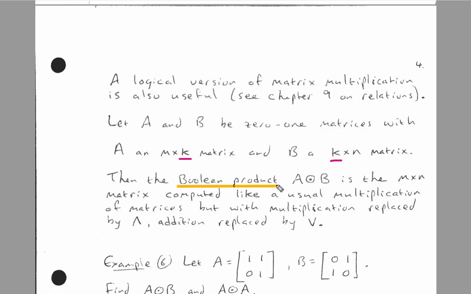Then the Boolean product of these 2 0-1 matrices has this special notation. It's an M by N matrix, and you compute it just like the usual multiplication of matrices, except that each multiplication is replaced with an AND and each addition is replaced with an OR.